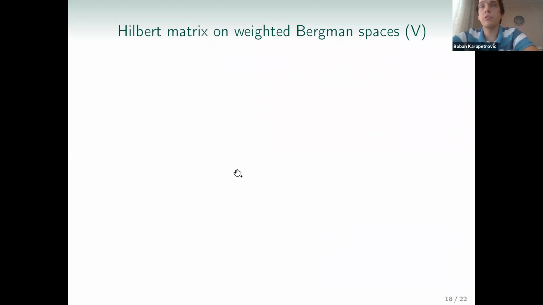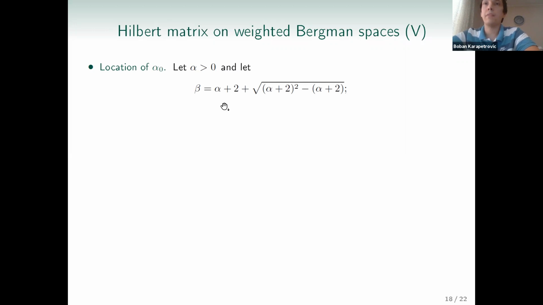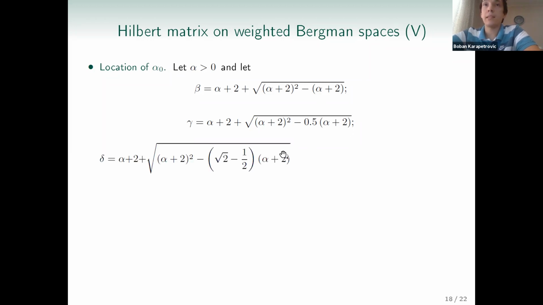Something about the location of the number alpha_0. So let beta be this number, and gamma, this from the result of Lindström, Miihkinen, and Wikman. Here we have minus (alpha plus 2), and here minus 1/2, that is 0.5 times (alpha plus 2). And also let delta be this number, minus square root of 2 minus 1/2 times (alpha plus 2).